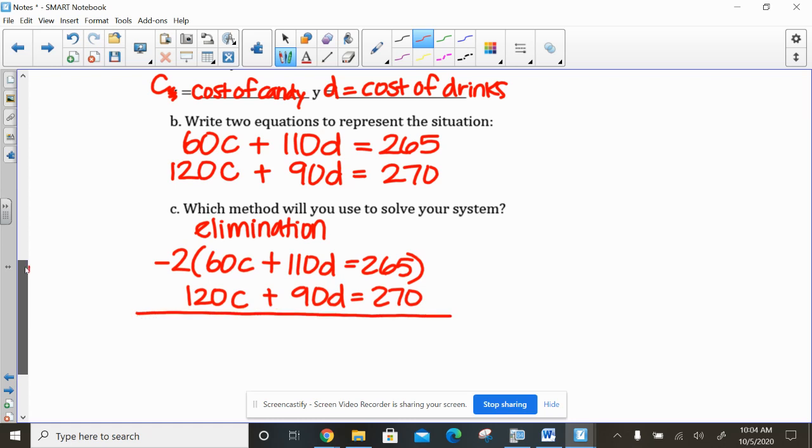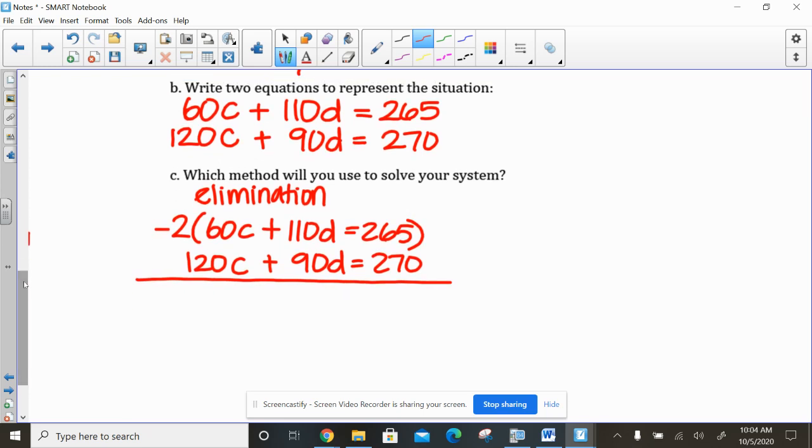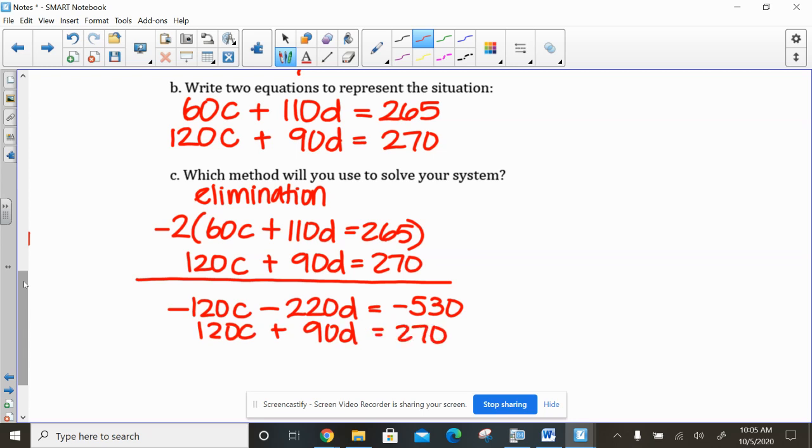I am going to distribute the negative 2. That'll give me negative 120C. 110 times negative 2 is negative 220D. And 265 times negative 2 is negative 530. Now we'll bring down the other equation, and those will now cancel.